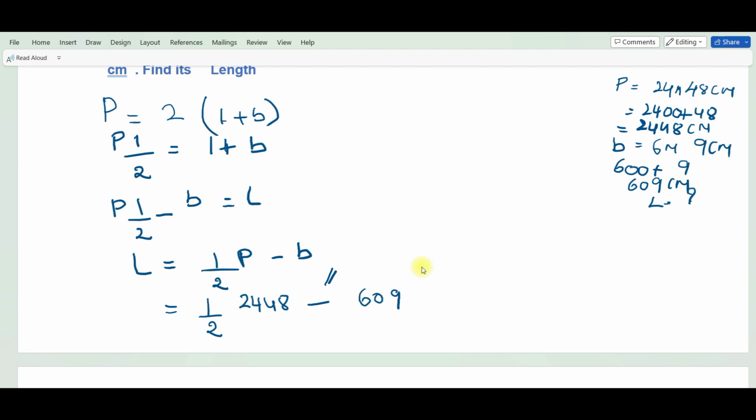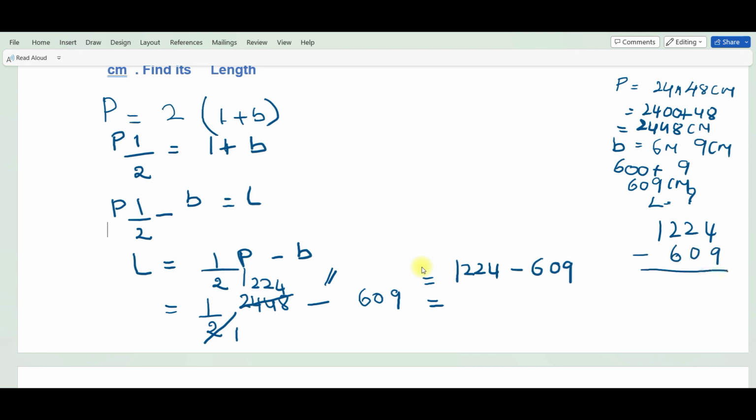So what I do is I simplify here: 2 one time would be 2, 2 two times is 4, and 4 times. So I have the sum being 1224 minus 609. Now when I solve this subtraction, that is 1224 minus 609.